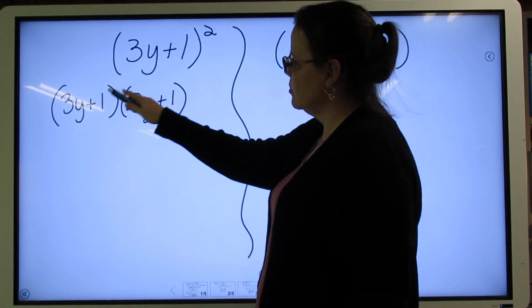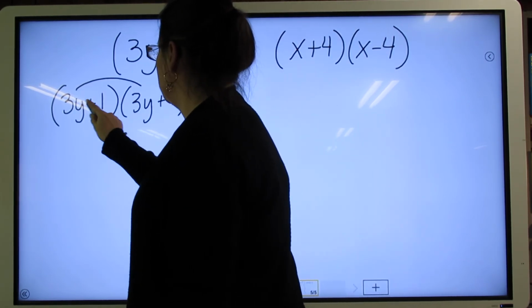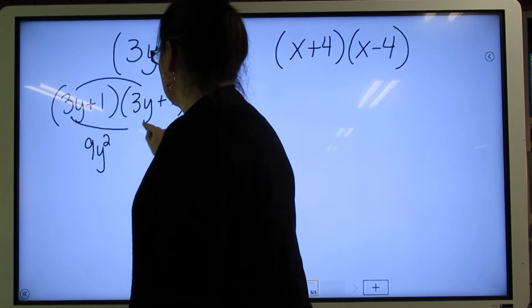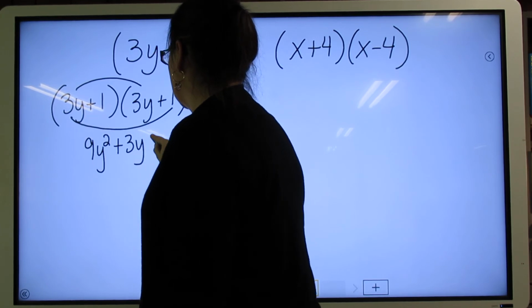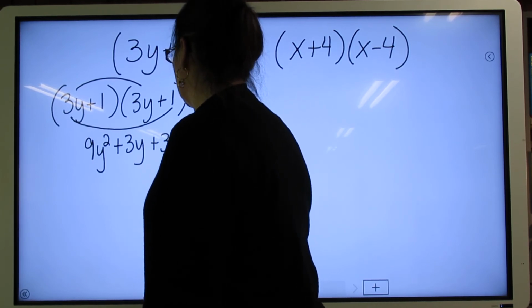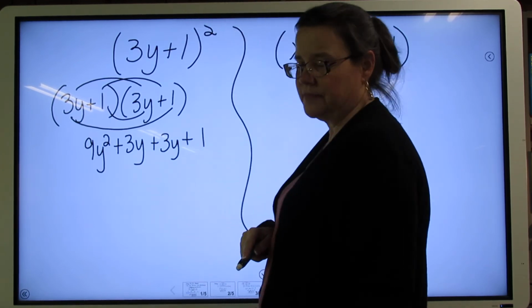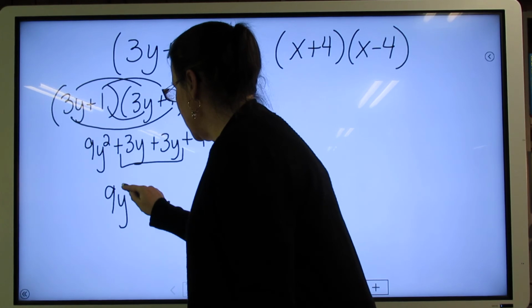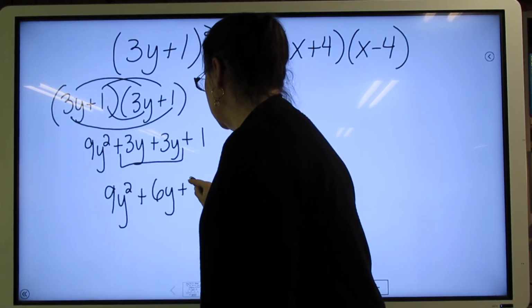So then you would have first, it would be 9y squared, outer 3y, plus 3y for the inner, and then last, plus 1. Then combine these two here, and you would get 9y squared plus 6y plus 1.